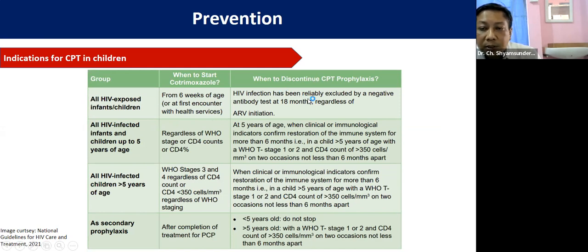HIV infection has been reliably excluded by a negative antibody test done at 18 months or more, regardless of ARV initiation.